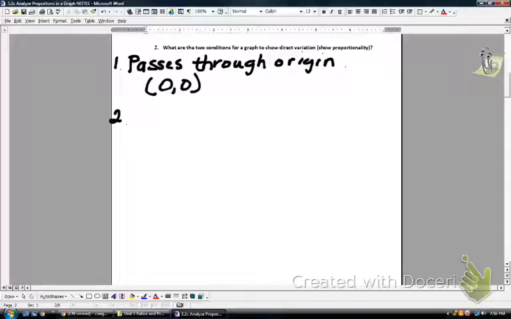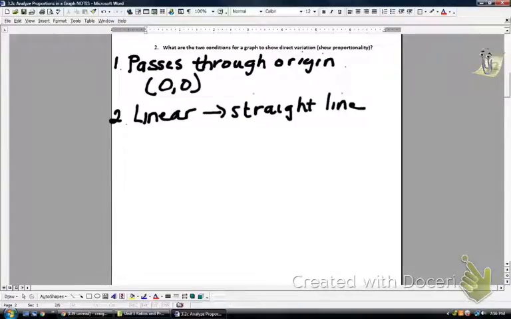And then the second condition is it must be linear, and linear is a straight line. So those are the two conditions that must be met in order for a graph to be proportional: pass through the origin, and linear, which means a straight line.